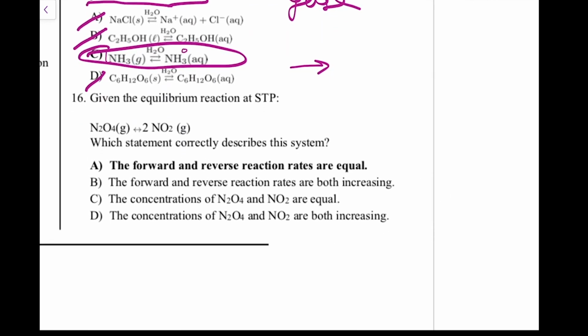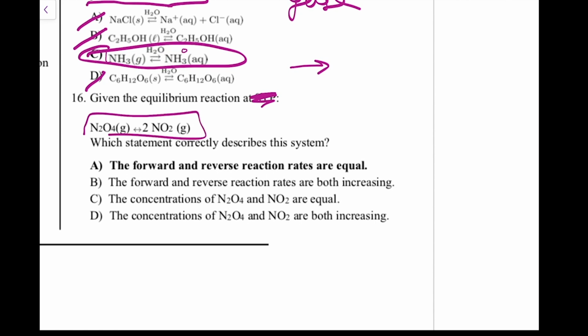Okay, last one. Given the equilibrium reaction at STP, again, we're not in the unit of gases, it doesn't matter. Which statement correctly describes the system? So it's saying what is true about that reaction.